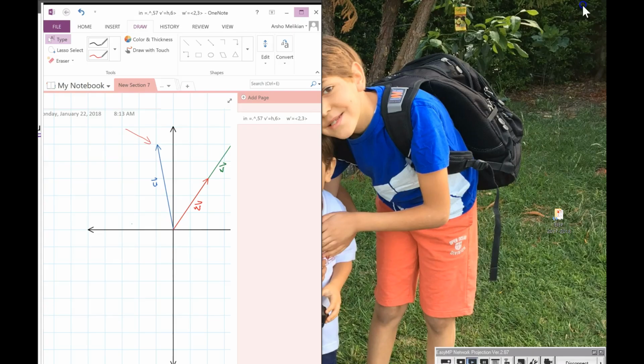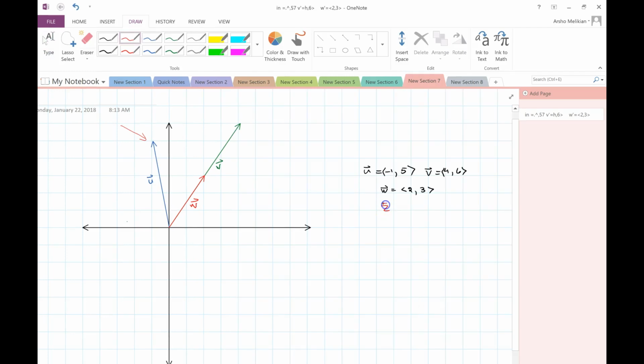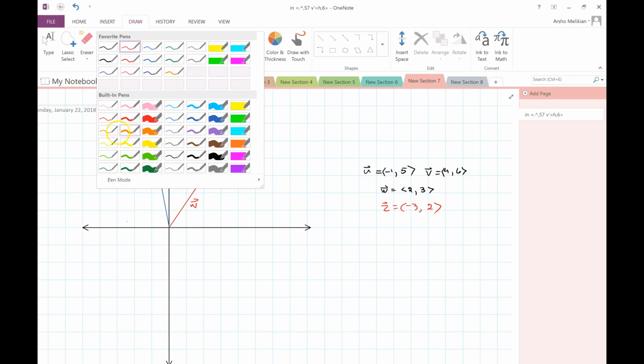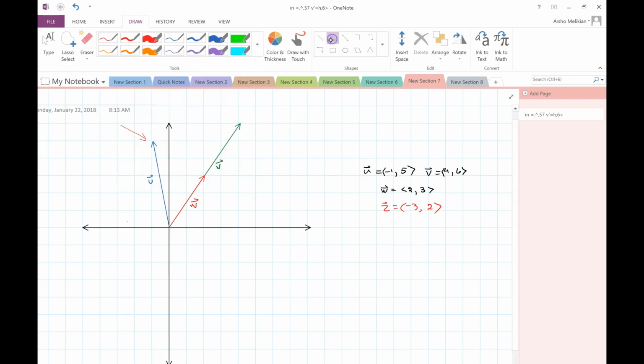So take a look here. Z is -3, 2. And I'm going to choose a different color for Z. Let's see. I like the orange. Let's choose orange for Z. So look, Z is at -3, 1, 2, 3, 2 right there. All right, that's Z, right? Not only are Z and W perpendicular, take a look.